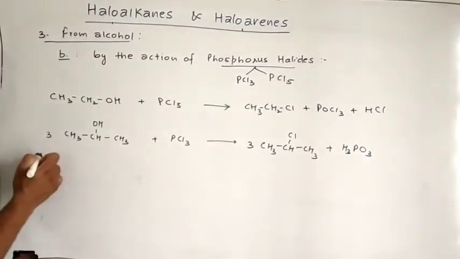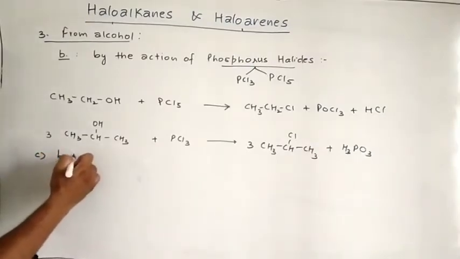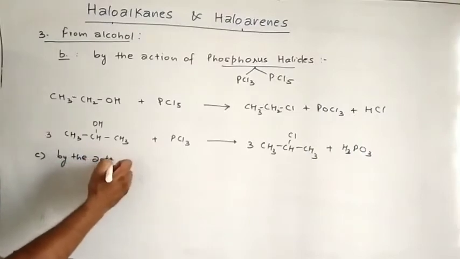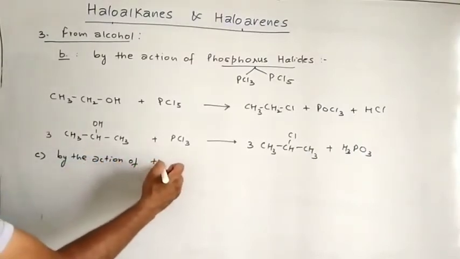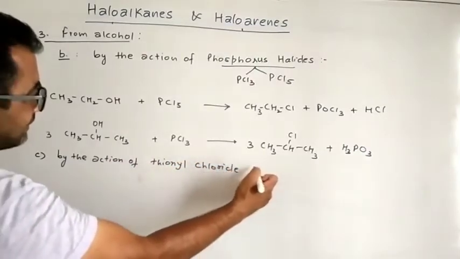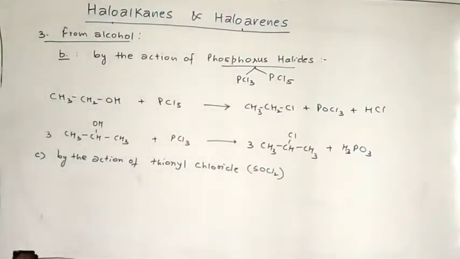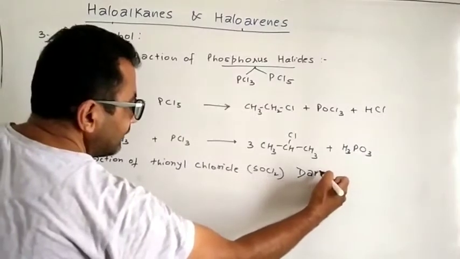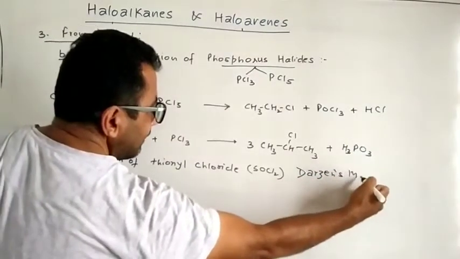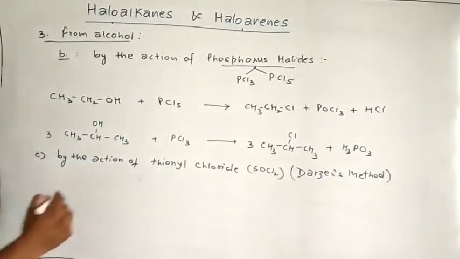Next, part C is by the action of thionyl chloride, that is SOCl2. So thionyl chloride, that is called Darzens method.